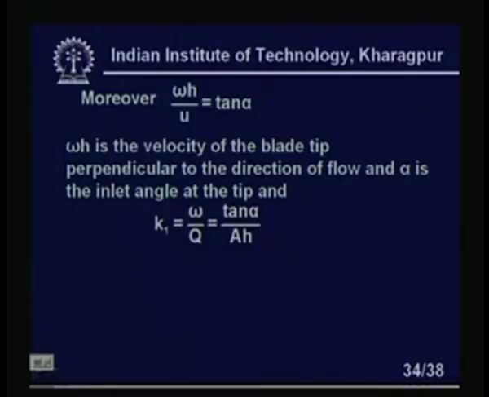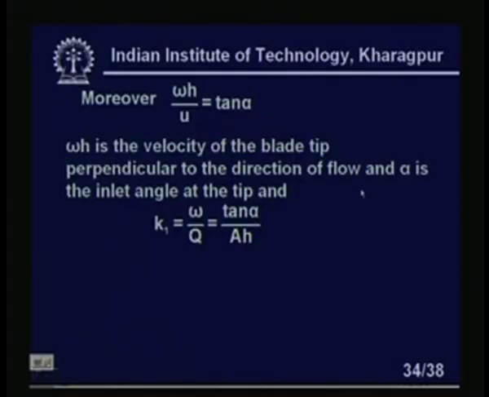The velocity of the blade tip is perpendicular to the direction of flow, which will be very much clear because the liquid is flowing in this direction, so the blade rotates in this direction. So, alpha is the inlet angle at the tip.